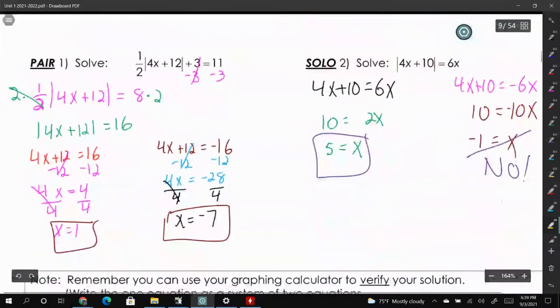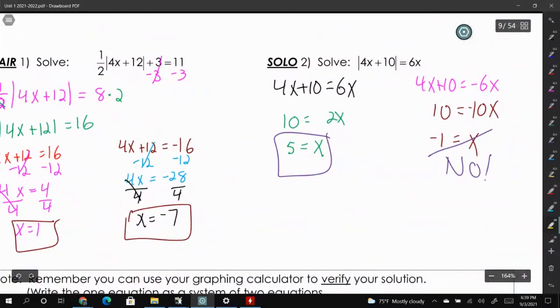You could plug in your x values and do it algebraically, and there's nothing wrong with that either. I just didn't do it because I didn't have the space. But you could instead do 4 times 5 plus 10 equals 6 times 5, and do it that way. I'm okay with you doing it like that if you want to.